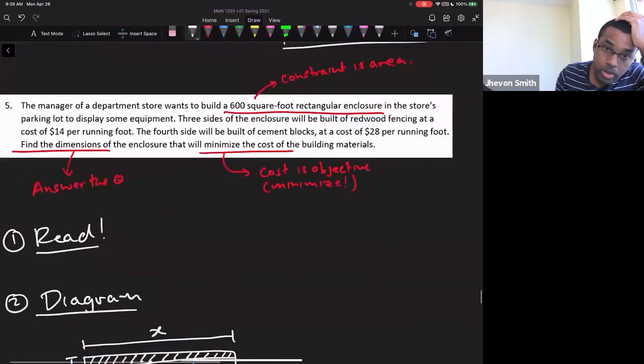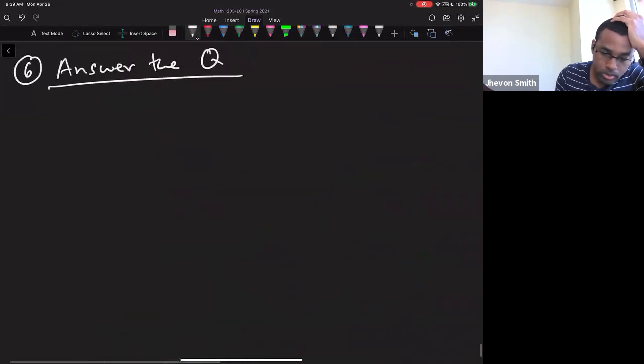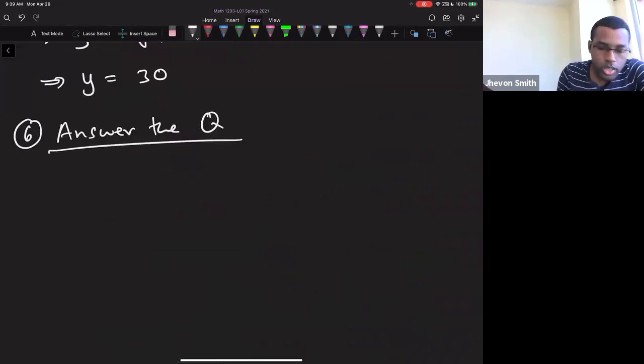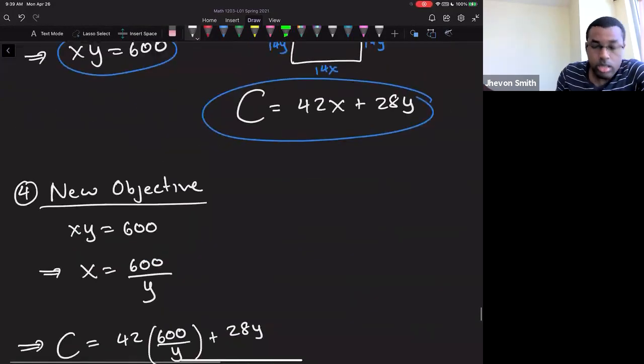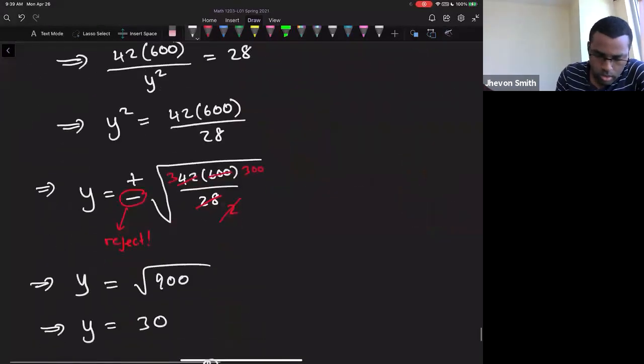Okay, what were we supposed to do? Find the dimensions. Okay, all right. So we know that y equals 30. This means that your x is going to be 600 over y.